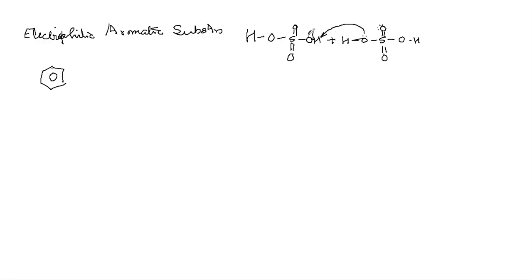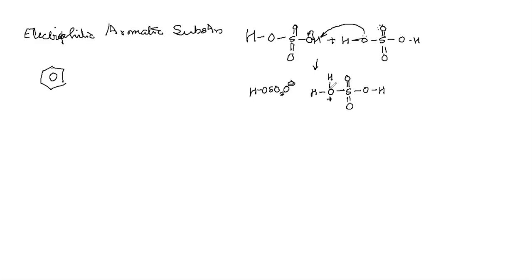This pair of electrons will come to the oxygen that gives you HSO4 minus, and this will become O, one H here with a positive charge, S double bond O, double bond O, and OH.